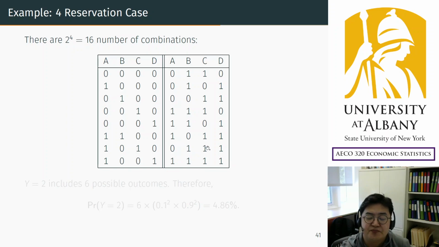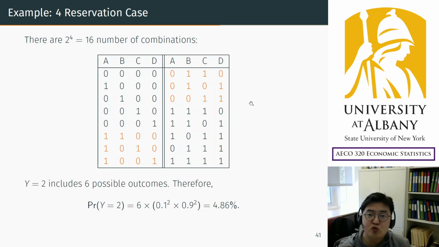We are interested in the outcomes where only 2 reservations are canceled, and then you can think about 6 combinations: A and B, A and C, A and D, B and C, B and D, and C and D. So these are all possible pairs of 2 reservations canceled.